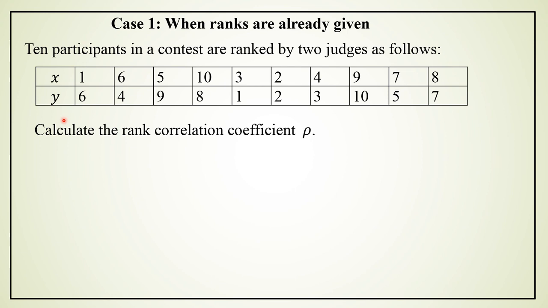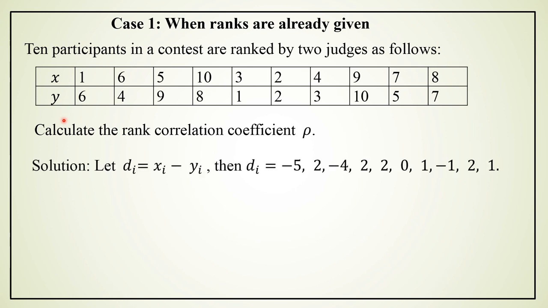So let us find the rank correlation coefficient. To find the rank correlation coefficient, it is necessary to find the difference between the ranks given by the two judges over here.